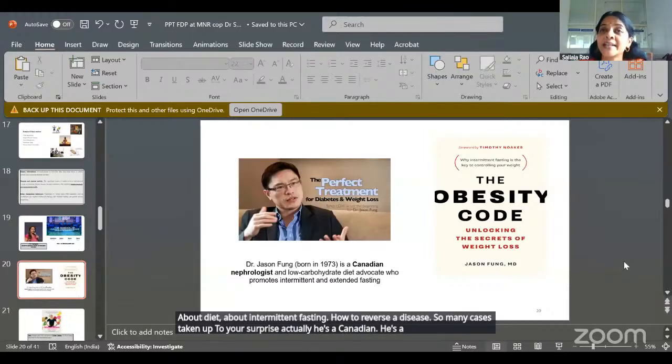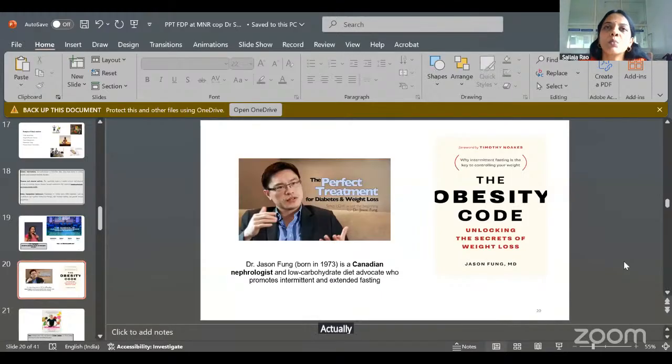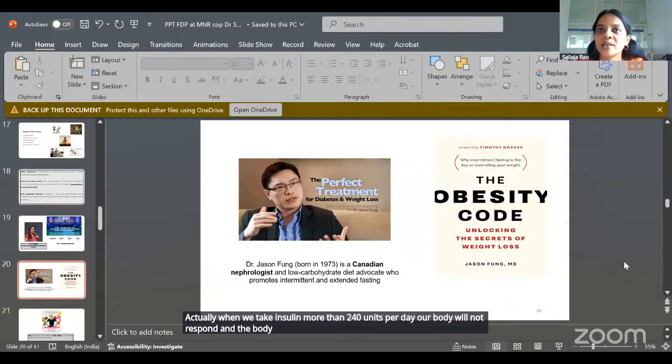To your surprise, he has reversed a type 2 diabetic patient who was on insulin, 180 units per day. Actually, when we take insulin, more than 240 units per day, our body will not respond and the body dies. We die, literally.